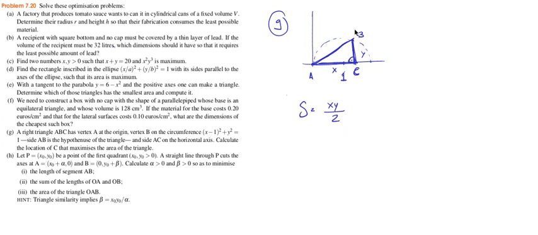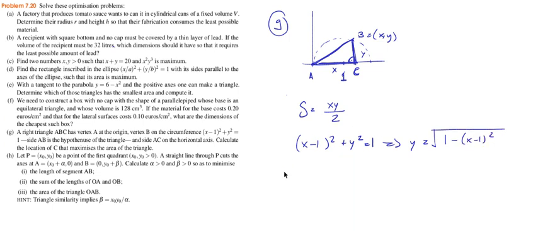But we know that x, y, this point B, is a point on this circumference, so we can solve for y. This is the square root of 1 minus (x minus 1) squared, and then we can substitute here, so we have S equals x times the square root of 1 minus (x minus 1) squared over 2, and differentiate this function S with respect to x.